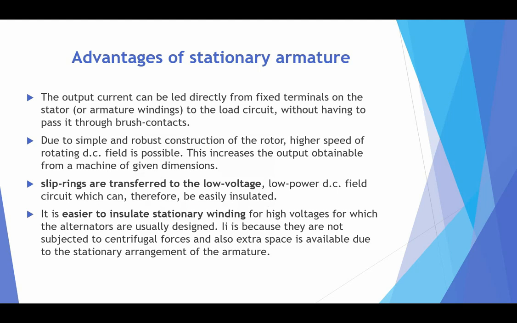Advantages of stationary armature. The output current can be led directly from fixed terminals on the stator or armature winding to the load circuit without having to pass it through brush contact. Due to simple and robust construction of the rotor, high speed of the rotating DC field is possible. This increases the output obtainable from a machine of given dimensions.